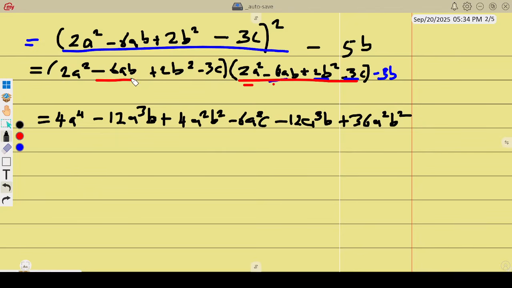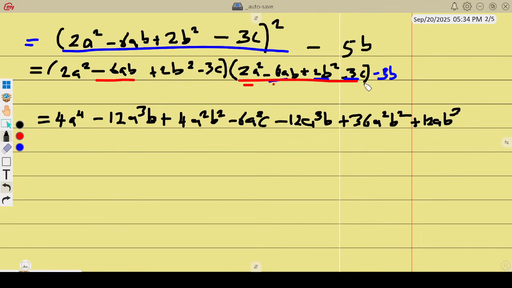And then from here we say this negative 6 times this one here. So 6 times 2, that's 12. And then ab times b squared, it is a b cubed. We have b power 2, meaning with this it becomes power 3.